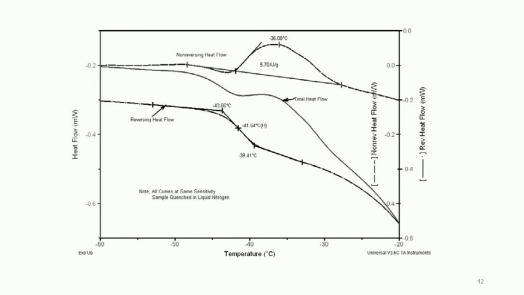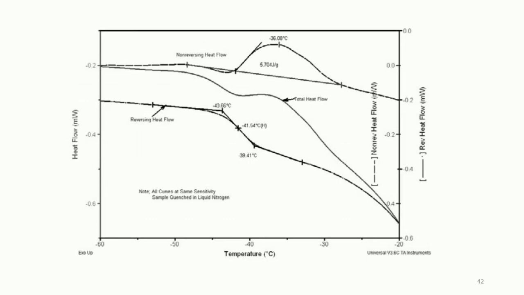The first of these is the important glass transition seen in the reversing signal between minus 43.6, here we can see, and minus 39.41 degrees Celsius.